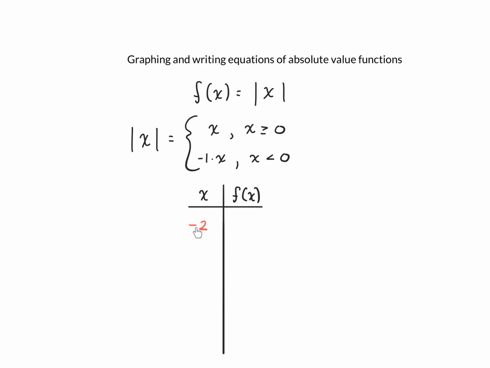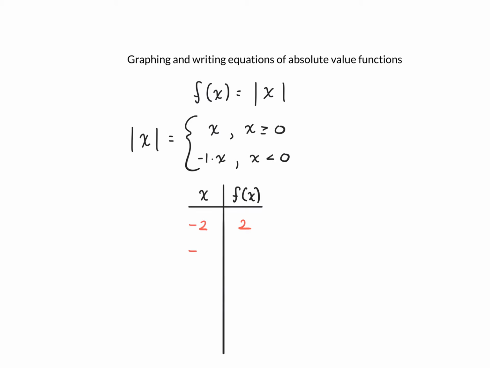I have -2, I follow the path, and I chose a number less than 0. So my answer is found by taking that value of x and multiplying it by -1. -2 times -1 is 2. That's why when your teacher tells you that the absolute value of -2 is 2, it's simply because any negative value, you multiply by -1.